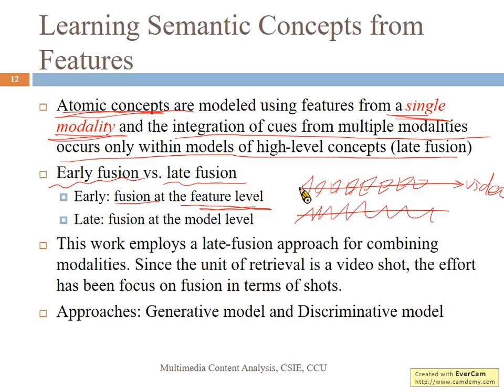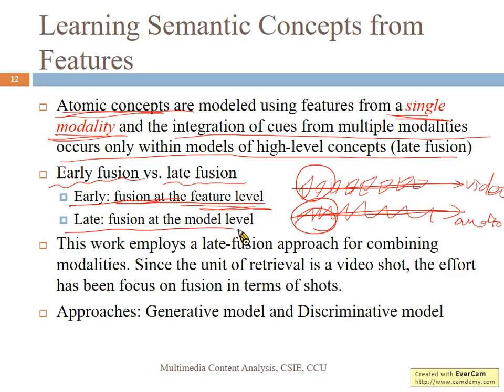We can detect visual atomic concepts from video frames, and audio atomic concepts from audio. Then how can we fuse them? One way, the early fusion, is we just concatenate the visual feature with the audio feature. This is called fusion at the feature level.